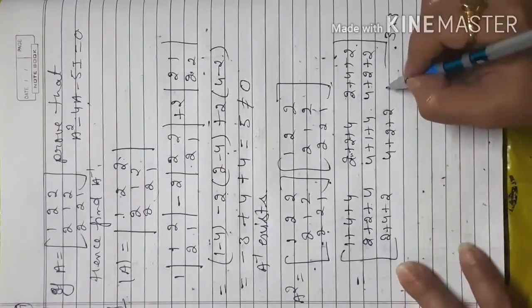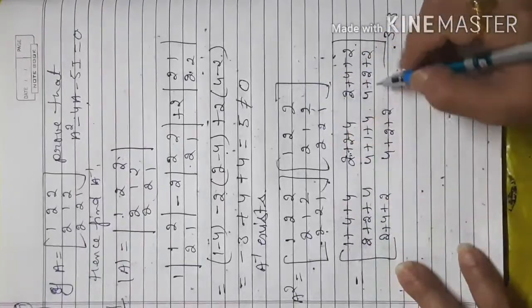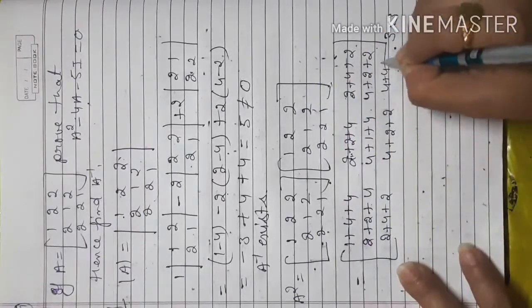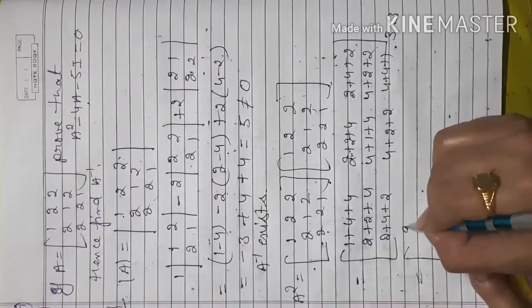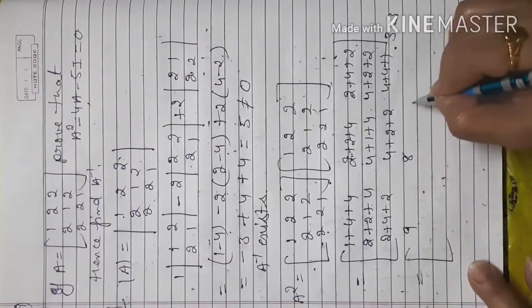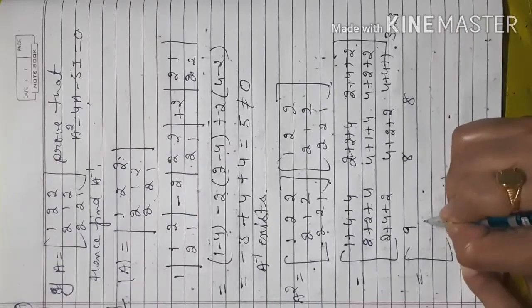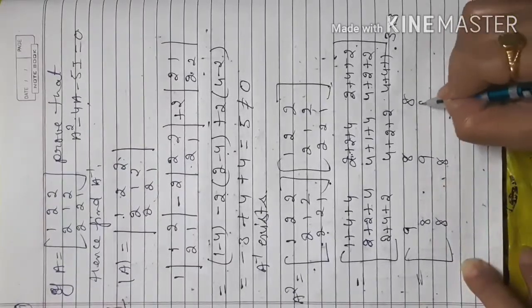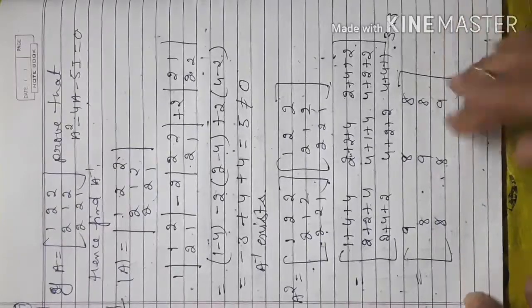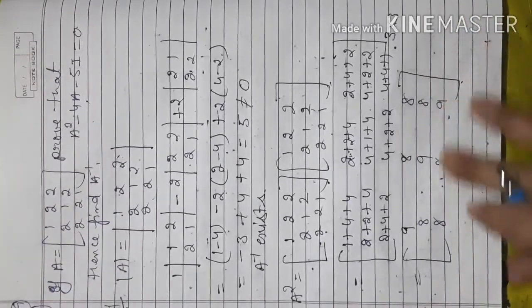And third row, third column gives me 4 plus 4 plus 1. So when I add these, that gives me 9 8 8, then 8 9 8, and 8 8 9. Okay, so this is my A square value.